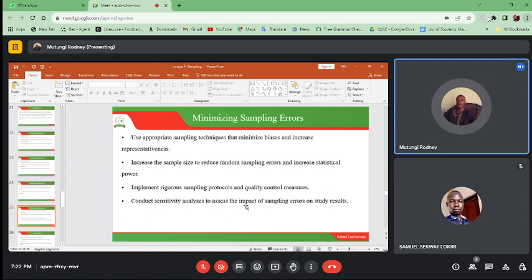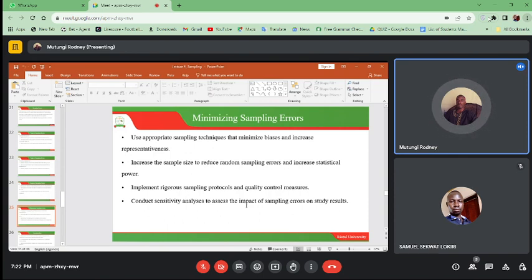So for us to minimize them, like we have seen, it is not ideal to have them. And how do we do that? We use appropriate sampling techniques, those that bring in all the representatives of the population. Instead of simple random, you can now go for stratified. Increase your sample size so as to have more statistical power and more representation from all the subgroups in the population.